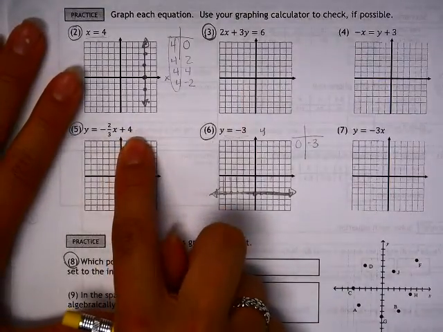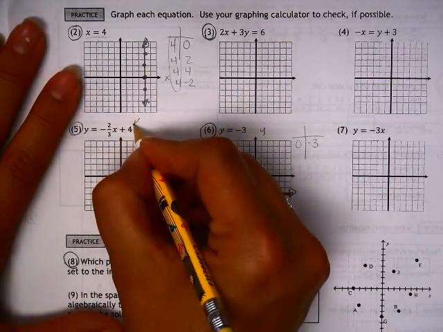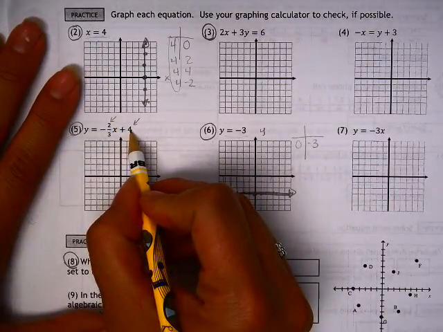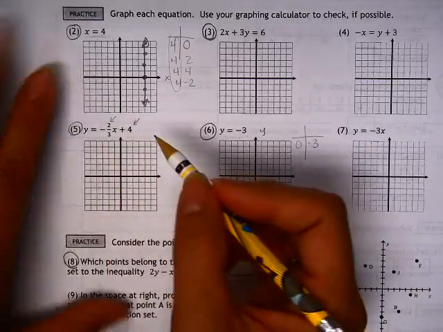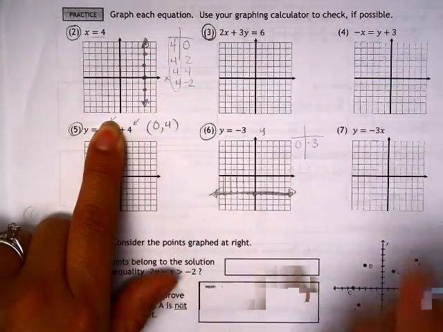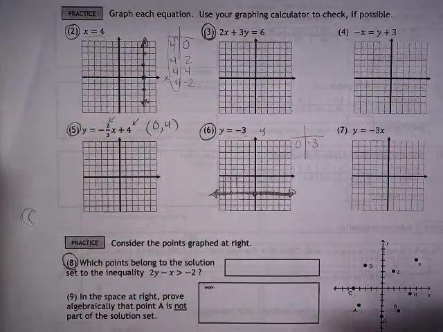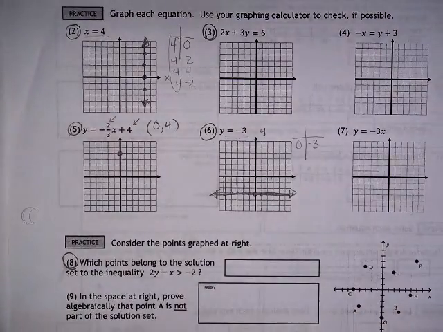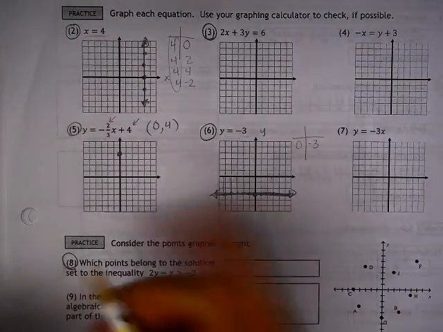Here is in graphing form. This is our y-intercept and this is our slope. Our y-intercept is if I plug in 0 for x, that disappears, and I get 4 for the y value. So if I go (0, 4), that is my y-intercept. It is on the y-axis.